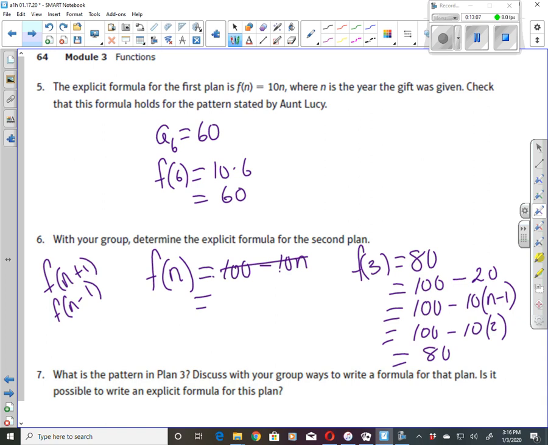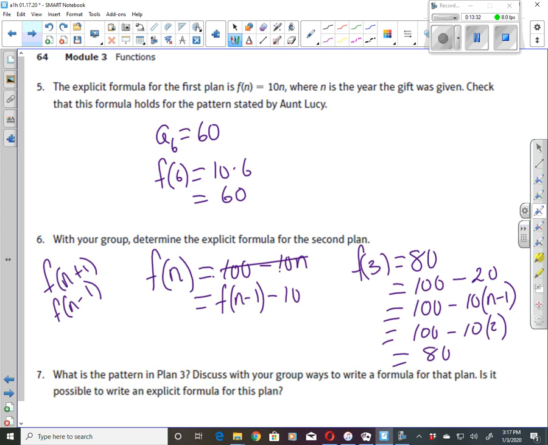So if I were to take the amount of money in the previous year, f of n minus 1, and subtract 10, I have my notation. Okay, and that's an explicit formula.